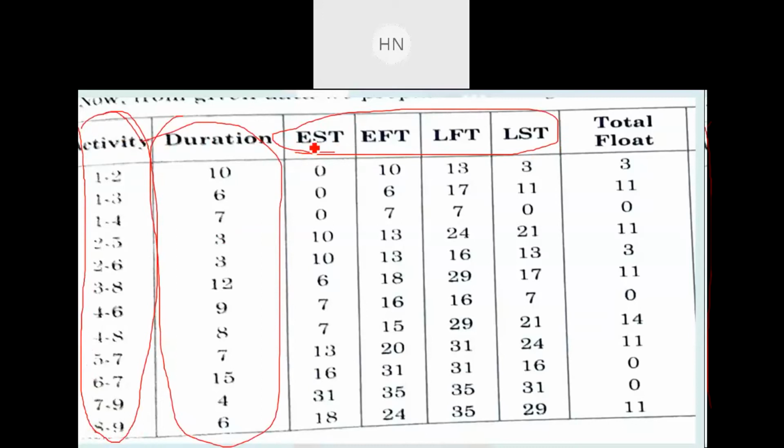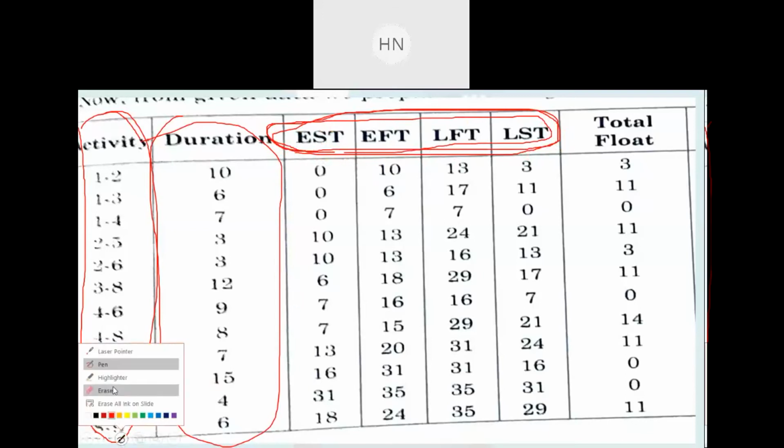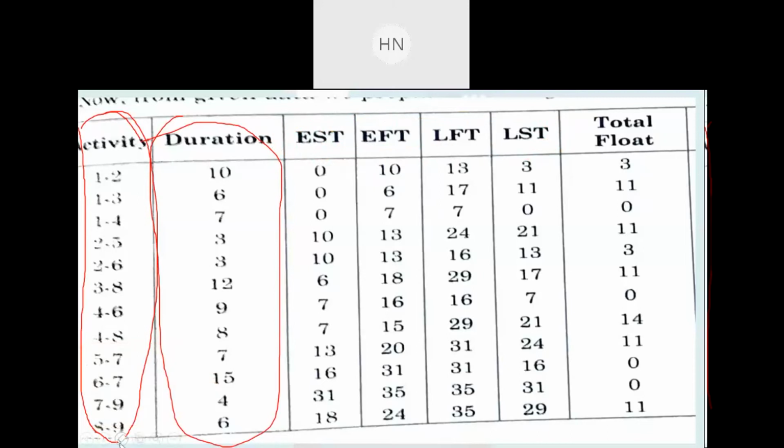What you need to do is find out this earliest starting time, earliest finishing time, latest finishing time, and latest starting time. These four time estimates you need to find out. Now from these four time estimates, first of all you will be finding out which time? First of all you will be finding out this earliest starting time, right?